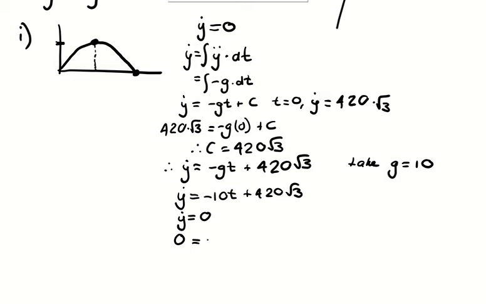So when is 0 equal to negative 10t plus 420 root 3? Rearranging that, you'll find that t is equal to 42 root 3 seconds. So what that tells me is that my maximum height occurs after 42 root 3 seconds.